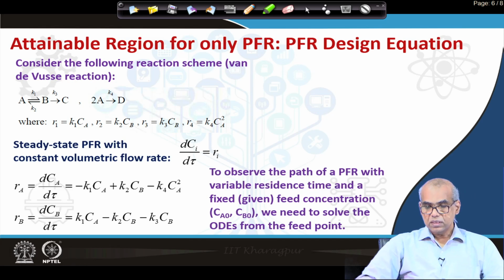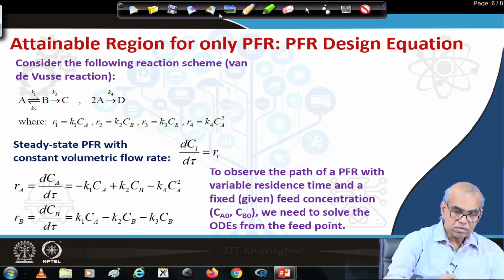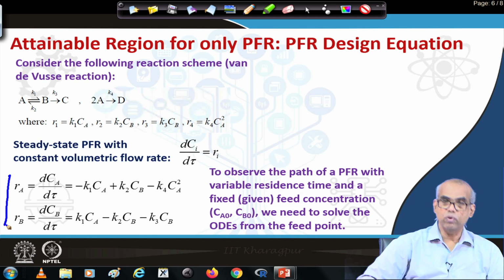So, to observe the path of a plug flow reactor with variable residence time for a given feed concentration, all we need to do is solve these 2 differential equations.